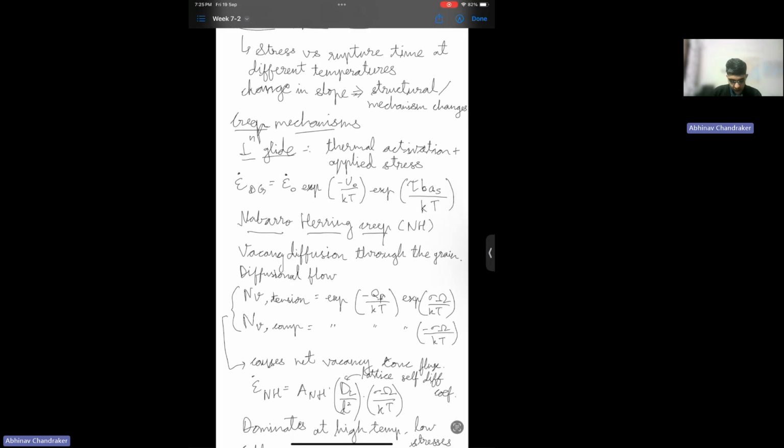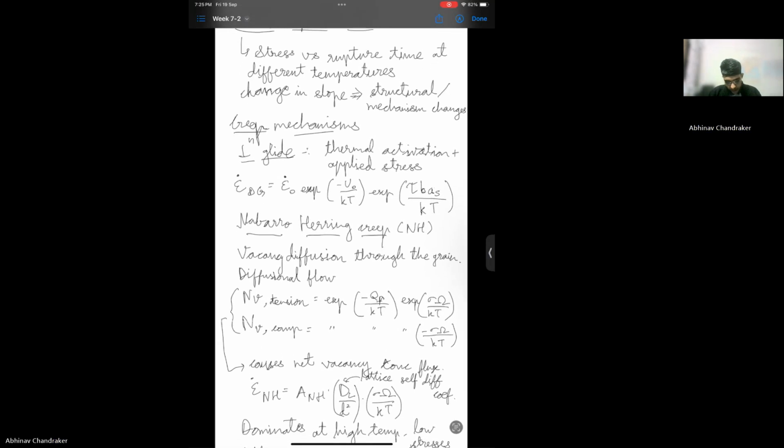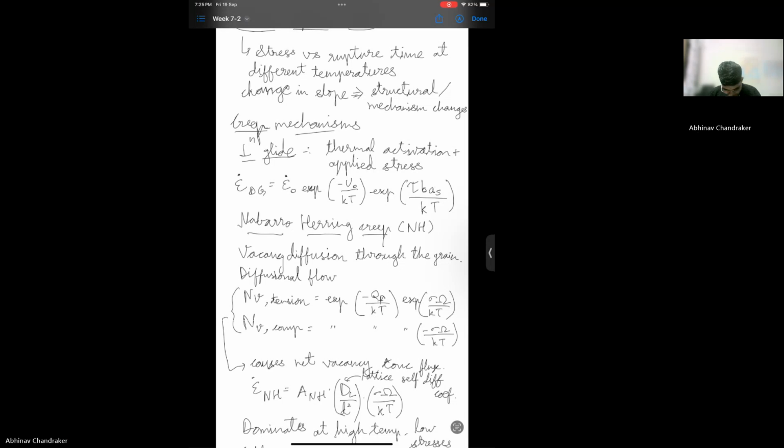So what are some creep mechanisms? One is the usual dislocation creep, sorry, dislocation glide. This is similar to what happens even in quasi-static loading, that is tension test, where you have dislocation glide, but there you have very low thermal activation. It's more stress based activation.